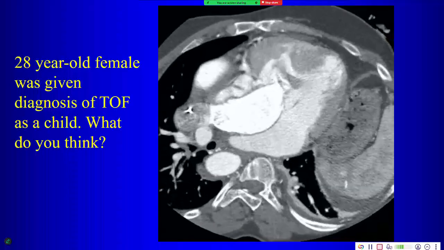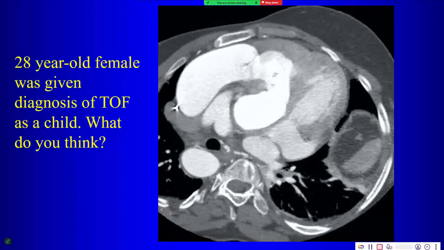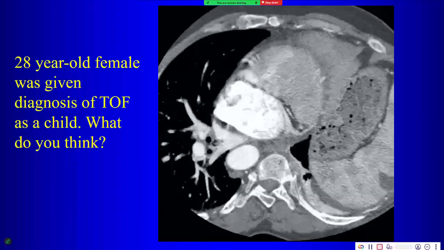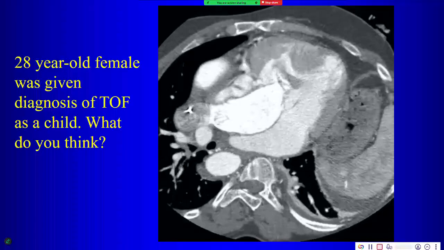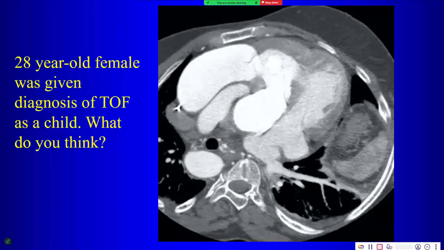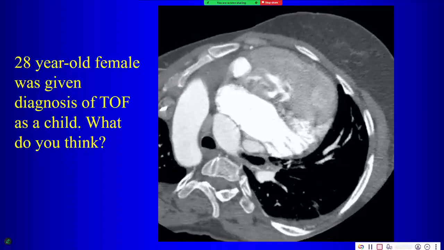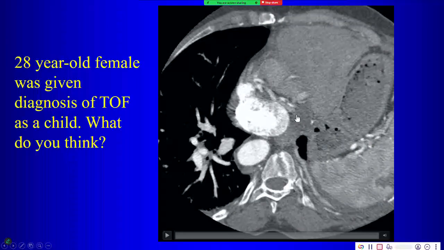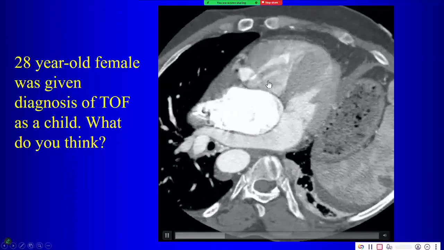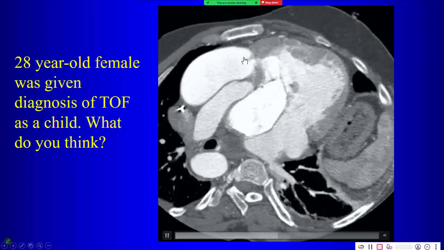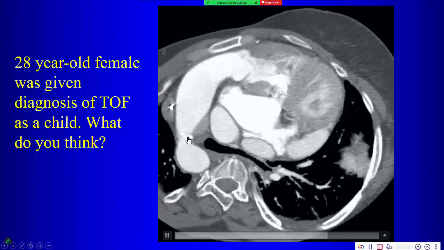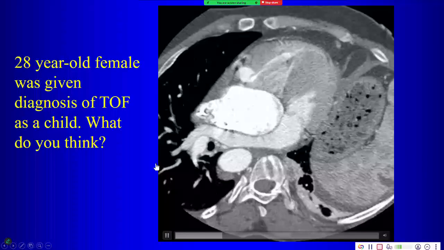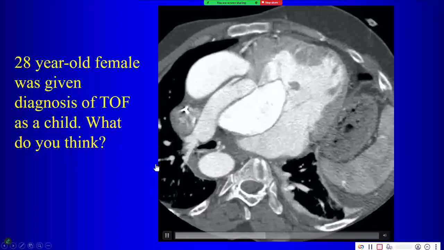So now we want to look at the outflow of the ventricles. What are the ventricles connected to? Okay, so this guy here, right? That guy looks like a right aortic arch. So the RV is connected to the aorta.